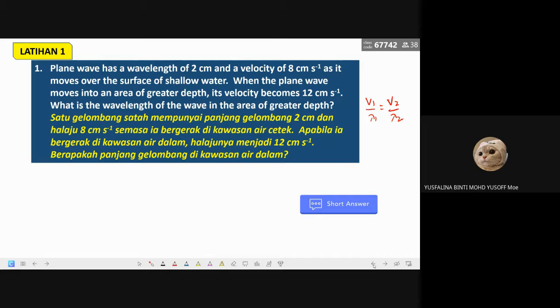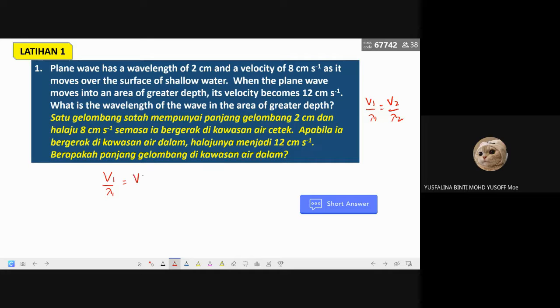What is the wavelength of the wave in the area of greater depth? Here you should decide whether V1 lambda 1 is the deep area or the shallow area. Let's say they move from the surface of the shallow water, so shallow water should be V1 and lambda 1. I put the formula here, V1 lambda 1.